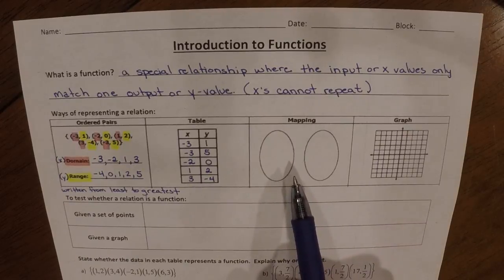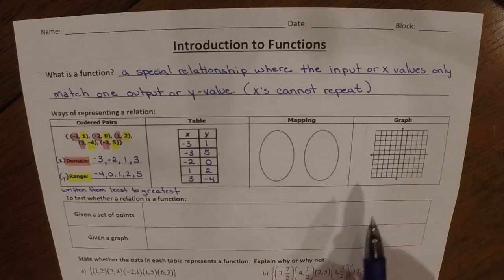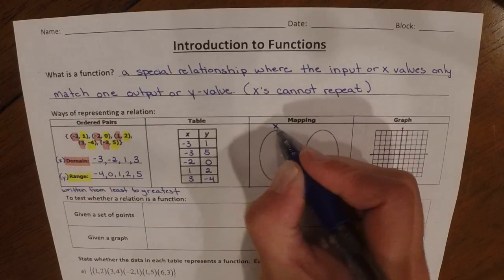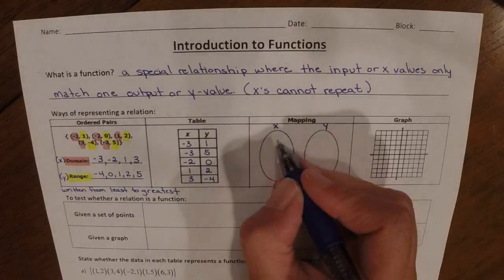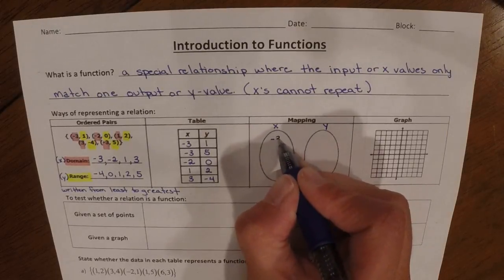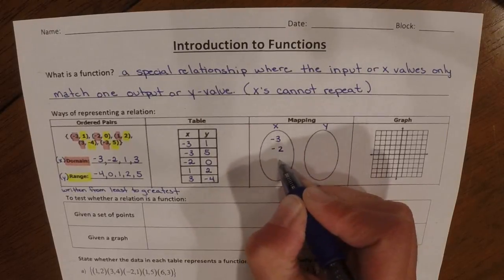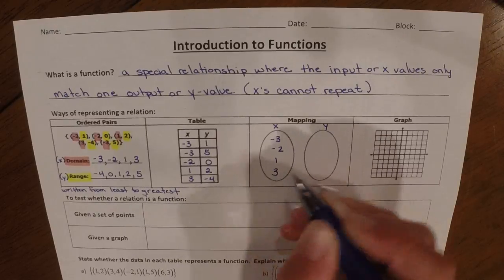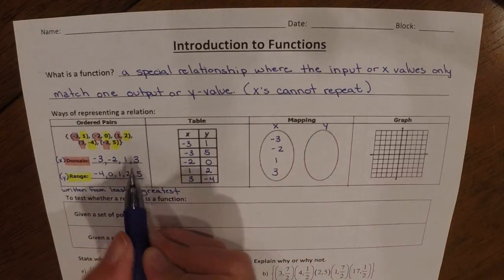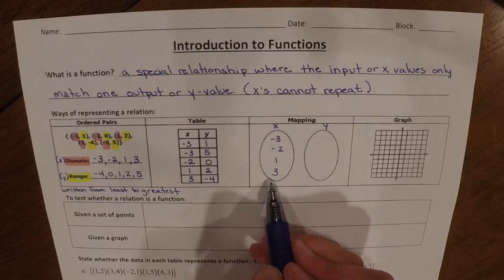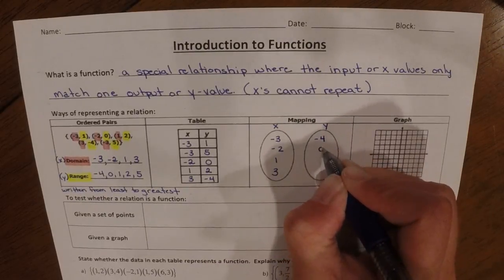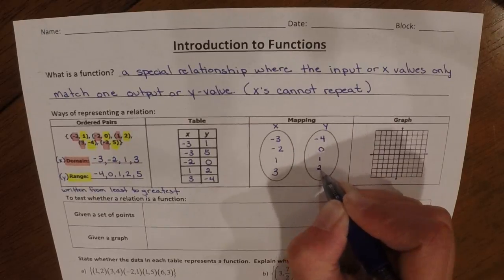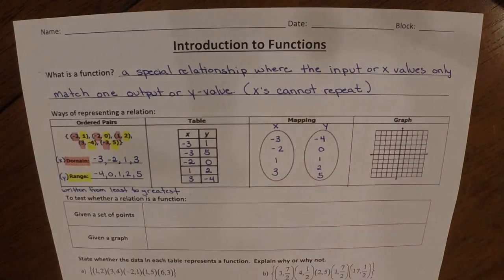Another way to represent a relationship is called mapping. That's where these are the x's and these are the y's. Again, they're written from least to greatest. So the x's, we would have -3, -2, 1, and 3, just like we have them written in our domain, and we don't repeat if they repeat. Then the y's are -4, 0, 1, 2, and 5.